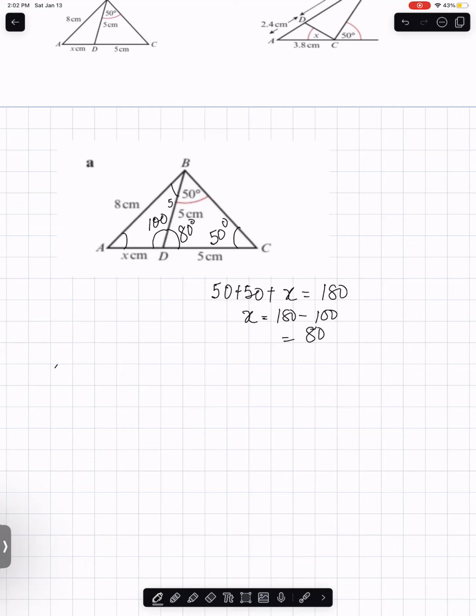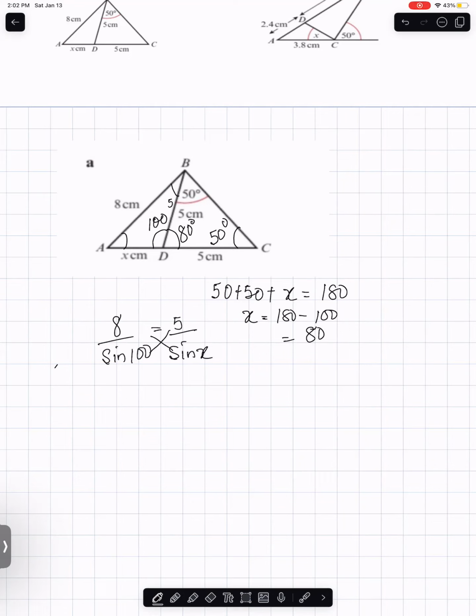So I can have 8 over sine 100. I'll be looking for one of these angles here, which will give me 5 over sine of x.